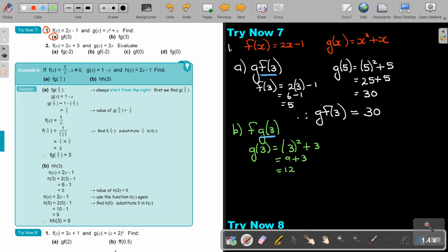Okay, and now I will find f(12), and that will be 2 times 12 minus 1, which is 24 minus 1, which is 23. So, therefore, fg(3) equals 23. As easy as that.